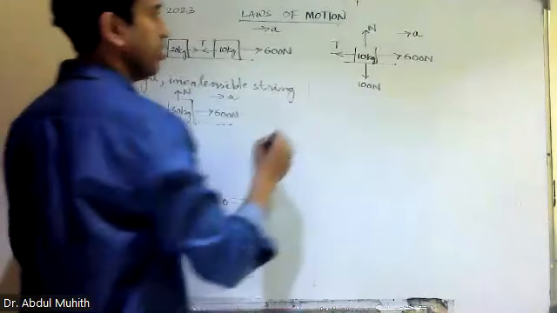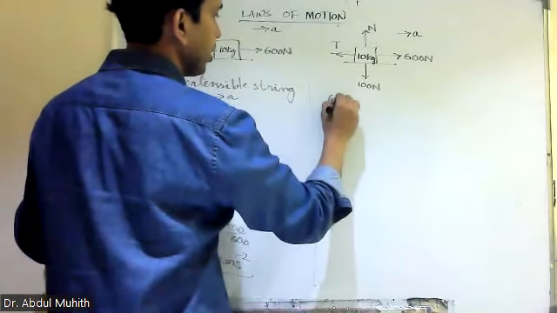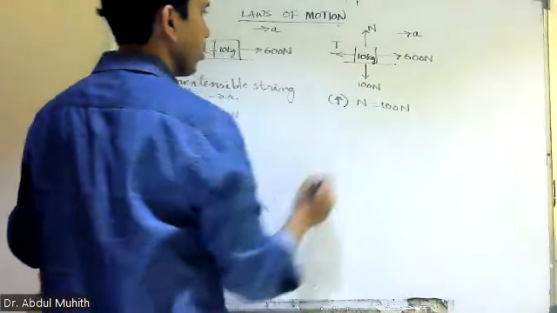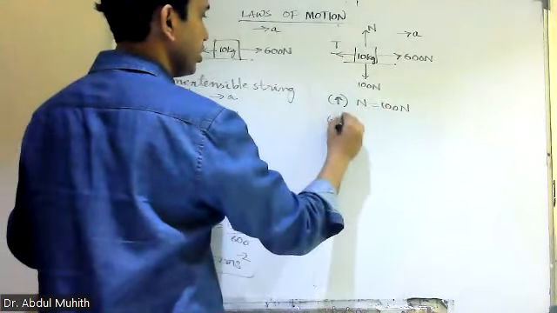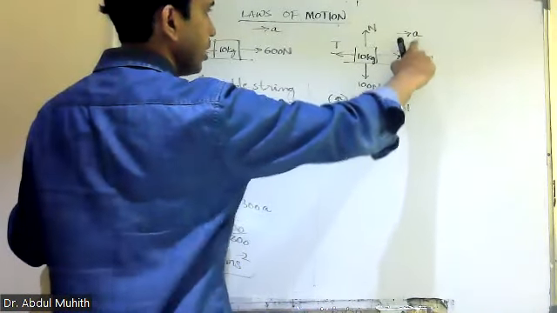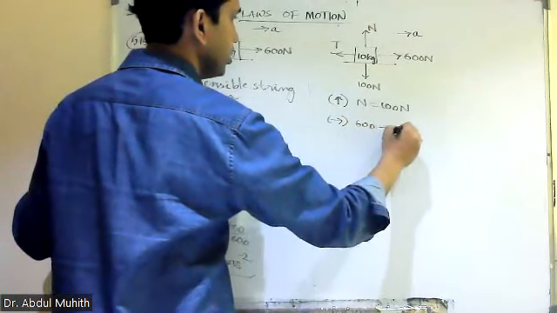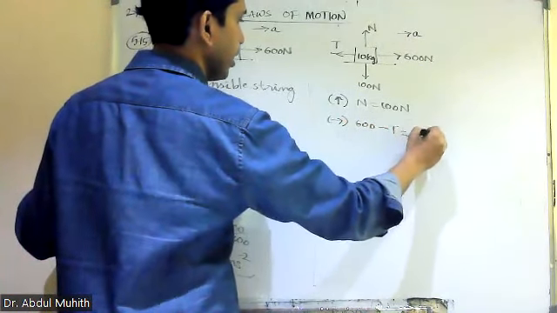How will we calculate it now? For vertical forces, N equals 100 Newtons, normal reaction. For horizontal forces, the 600 is in the same direction as the acceleration. So 600 minus T equals ma, 10 into a.